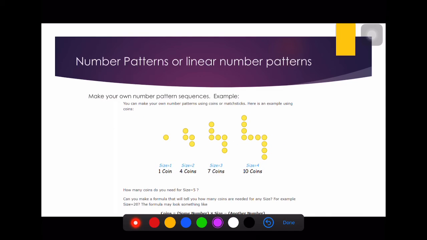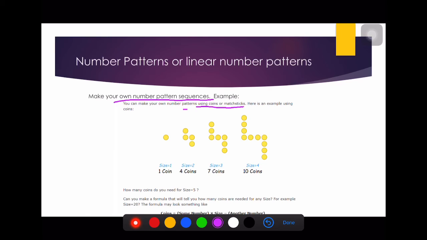Alright, you can actually make your own number pattern sequences. For example, here we have a sequence where you use coins or matchsticks. So you can see that you are forming a certain pattern.